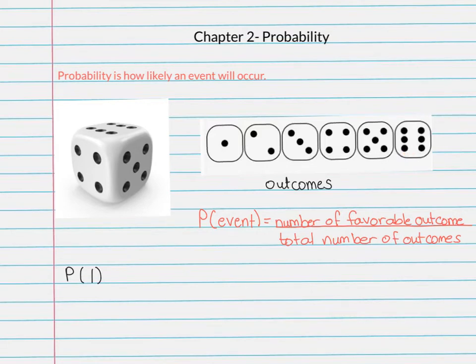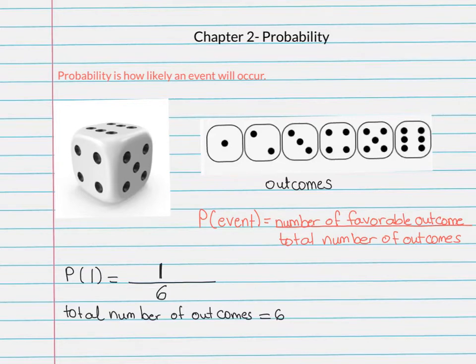So my total here, the total number of outcomes, I'm going to write it total, is equal to 6. Now, the probability of getting number 1 when you roll a dice, the denominator here is 6. Now, how many number 1s do you have in your outcomes? I only have one number 1. So my probability is 1 out of 6.